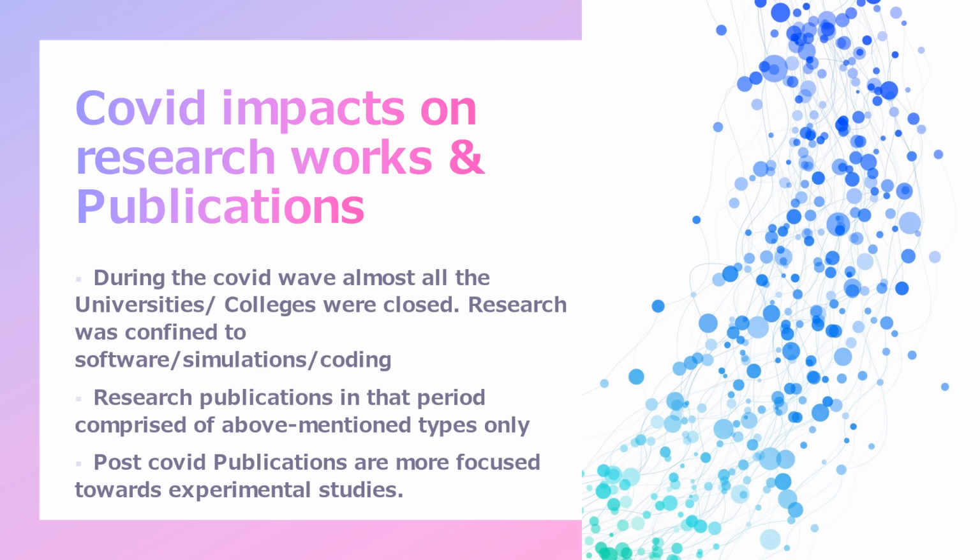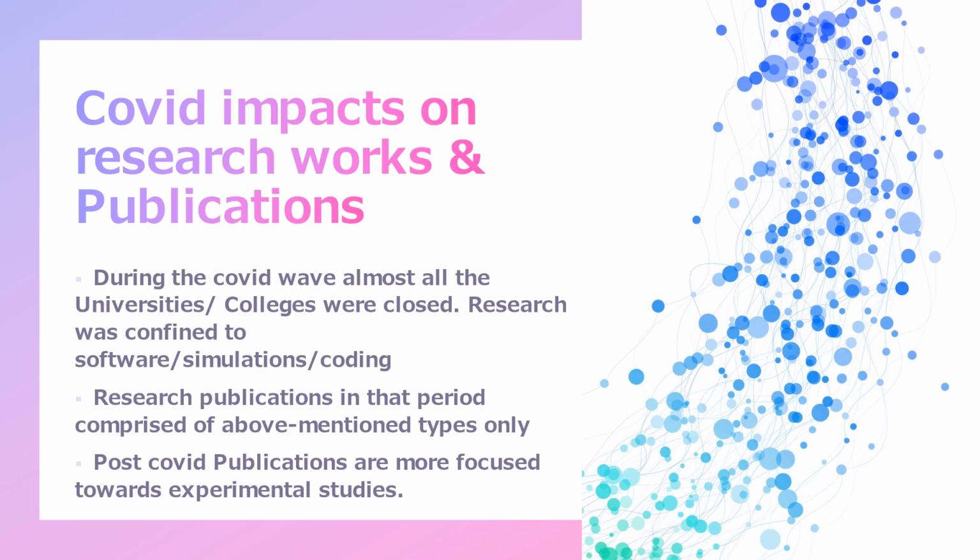What happened during the COVID wave? Almost all the universities and colleges were closed. Research was just confined to software simulations or coding works. Research publications in that period comprised of only simulation works or software works or coding works.